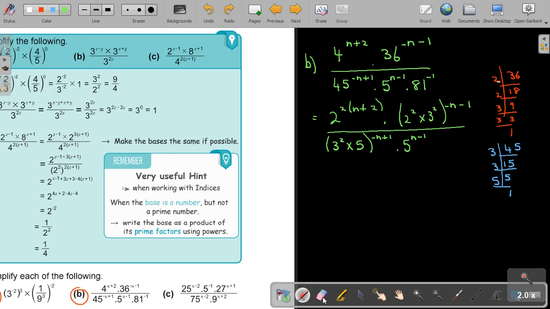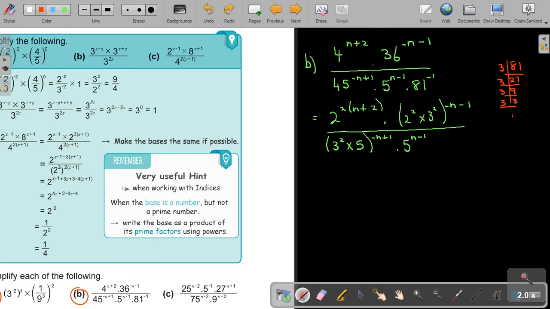And then 81, let's just clean here. Let's do the same with 81. Okay, 3 can go in 27, 3 can go in 9, 3 can go in 3, 3 can go in 1.